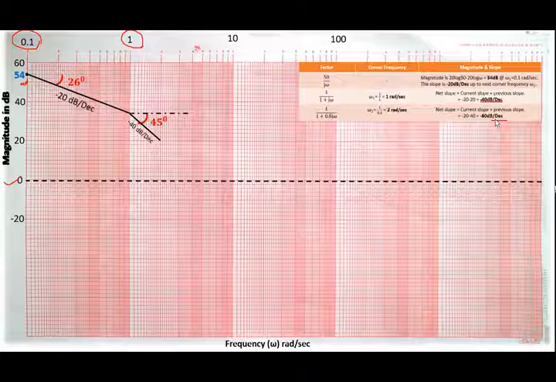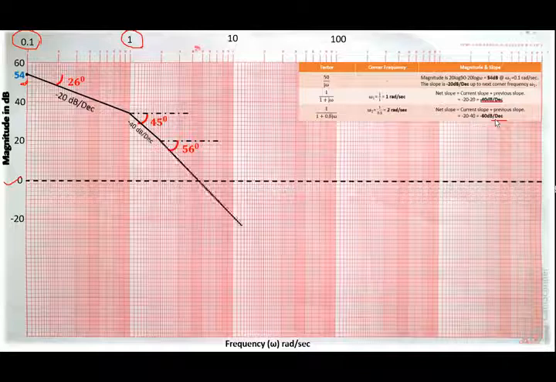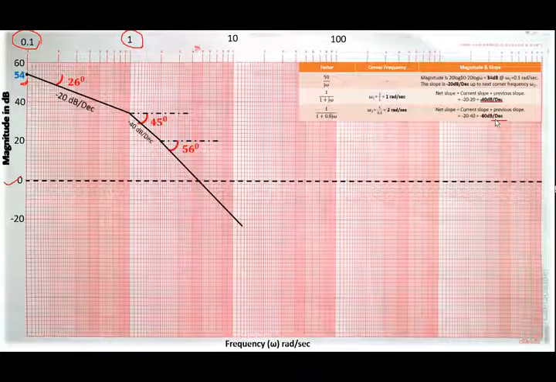So we need to measure an angle of 56 degrees with respect to the real axis. So this is the 56 degrees. We need to mark a line starting from 2 radian per second to infinity. That slope is minus 60 dB per decade. You need to make use of a protractor and scale in order to measure the angle. Next, this is the completion of the magnitude plot.